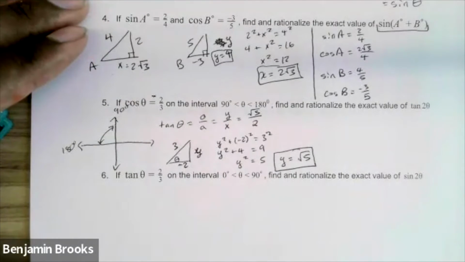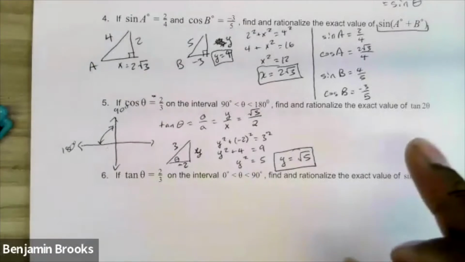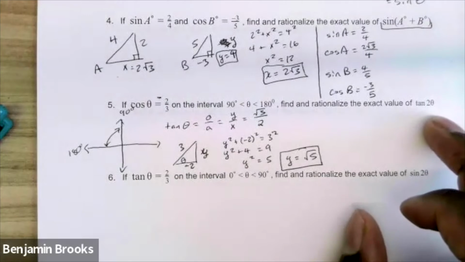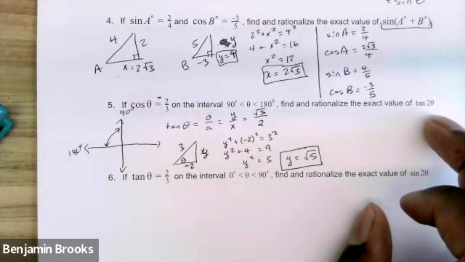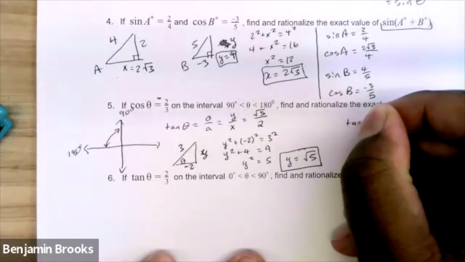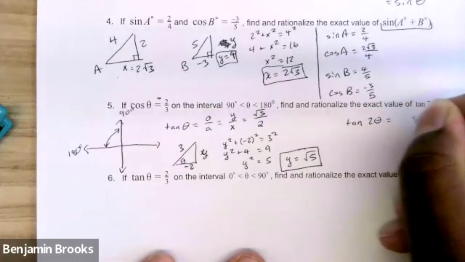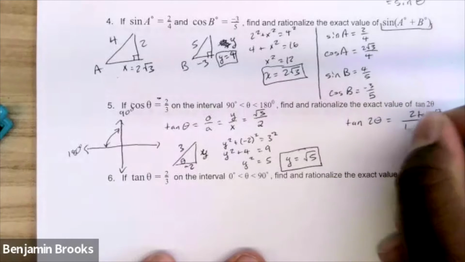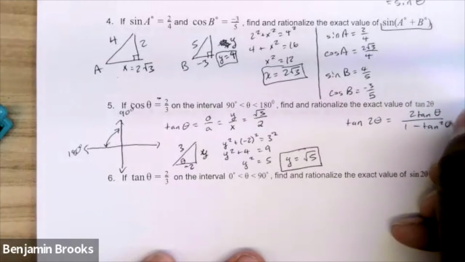Now, why do I need that? Because if I'm going to use tangent of 2 theta, we need the formula for that. Tangent of 2 theta is, let me see if I remember it correctly. I think it's 2 tan theta over 1 minus tangent squared theta.